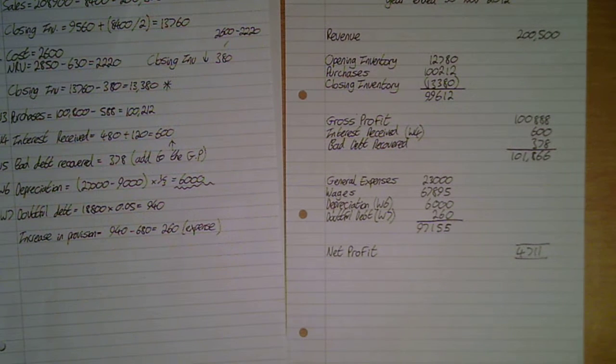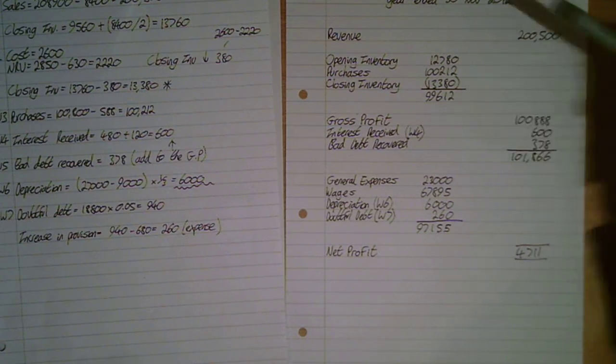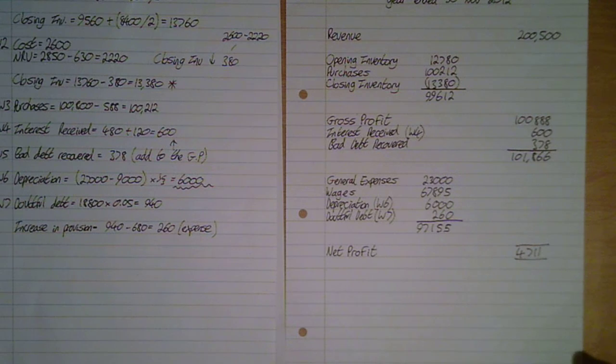So say if an examiner's looking through it and they think 600, how has he or she got that? W4 cross references back to here. Oh, that's how he or she got it. If it's wrong, they might give you a mark because they've looked at it and thought, yes, they've got the right method, but they've got the wrong numbers or a miscalculation. But you know, every mark's worth it, so make sure you put your method down and all your workings, really.